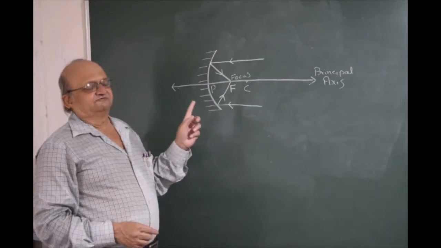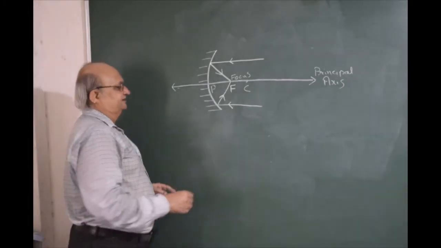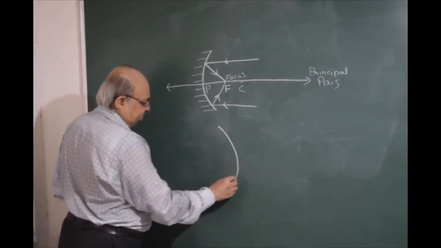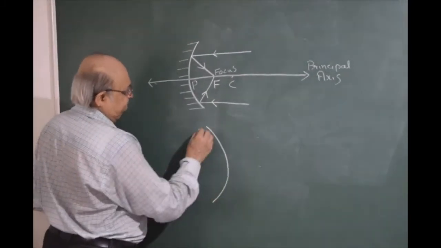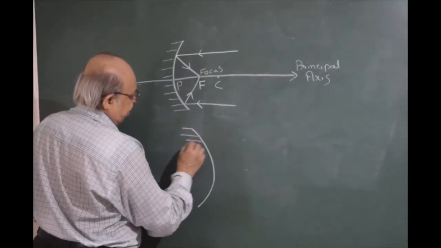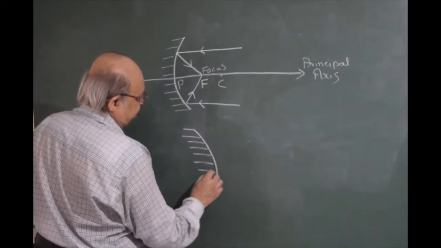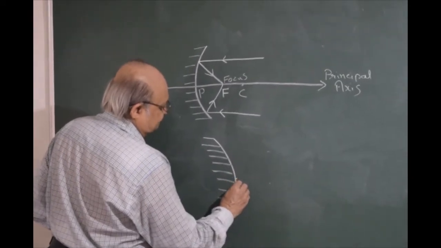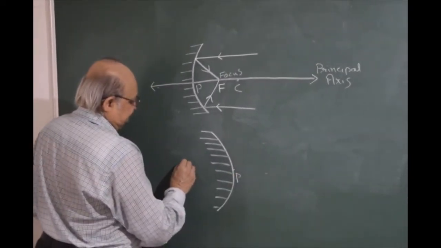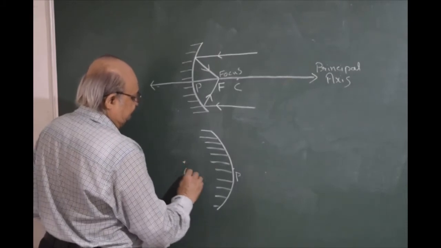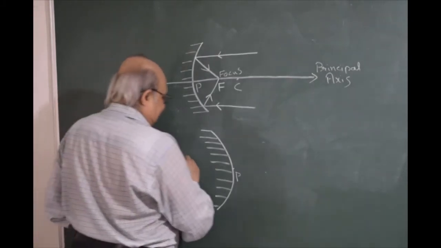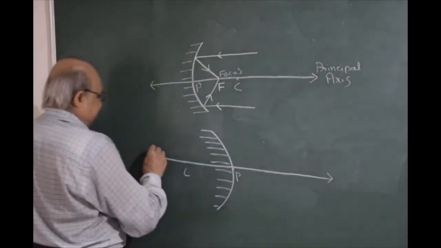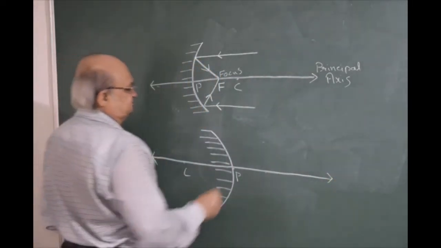The definition for principal focus in case of a convex mirror will be slightly different. We will have a pole somewhere here, the center of curvature somewhere here, and this line will now be the principal axis.